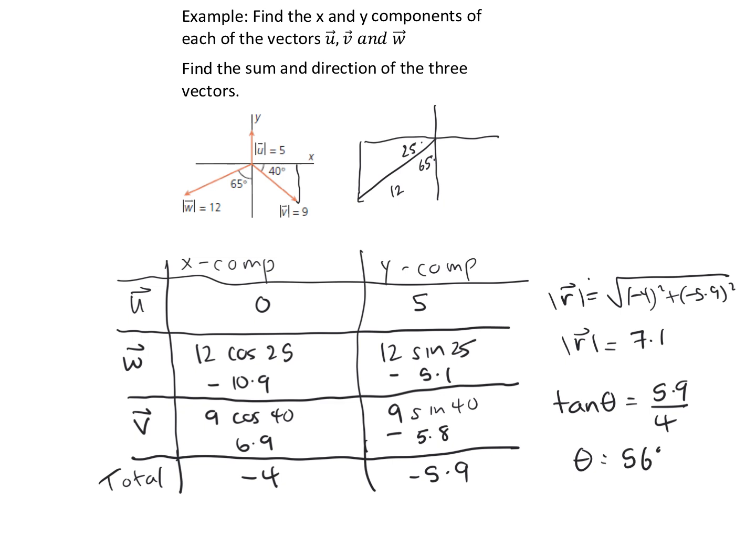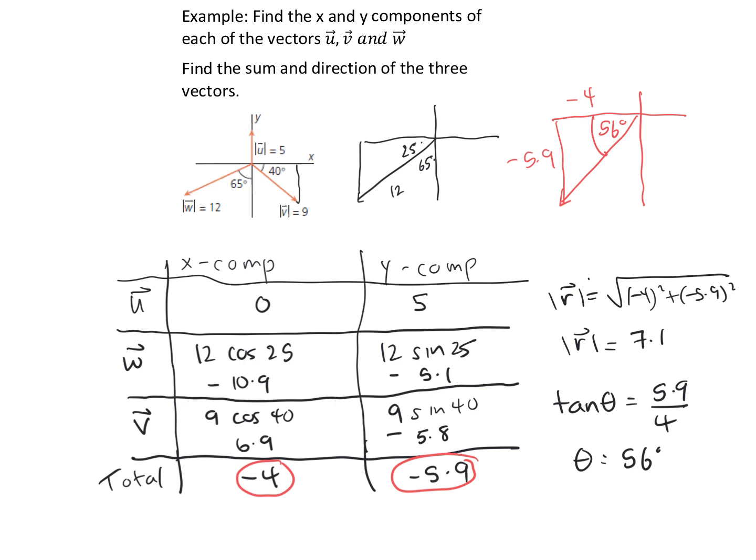Now, where is that resultant? So both the x and y components of the resultant are negative. That tells me the direction. That tells me it's going left and down. So that tells me it's going in this direction, because this was -4 and this was -5.9. So the angle we've found is 56 using tan.